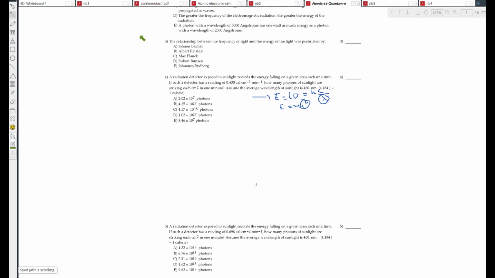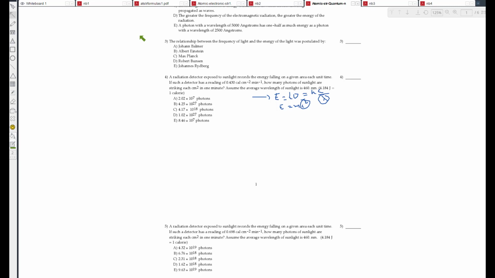Now let's go to the third question. It says the relationship between the frequency of light and the energy of light was postulated by whom? Is it either Balmer or Rydberg? No, because you know the equation you use for energy and frequency, E is equal to h nu.